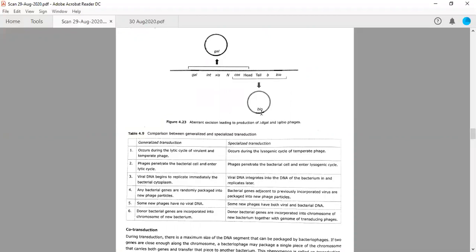If it includes the biotin synthesizing gene, it will lose the integration and excision genes, which were some of the important genes in the bacteriophage DNA. So there are two possibilities: either it will lose the head and tail genes or it will lose the integration and excision genes. Okay, so you need to remember this.